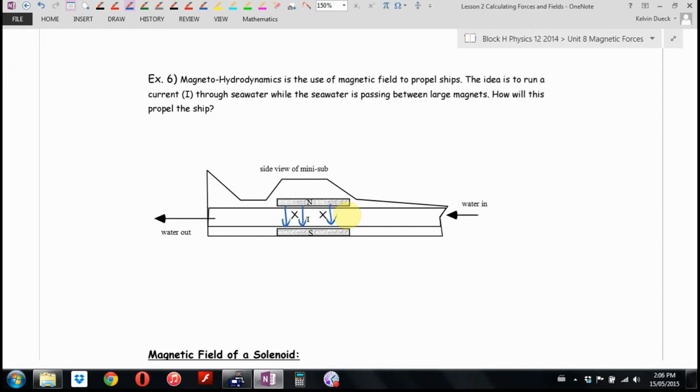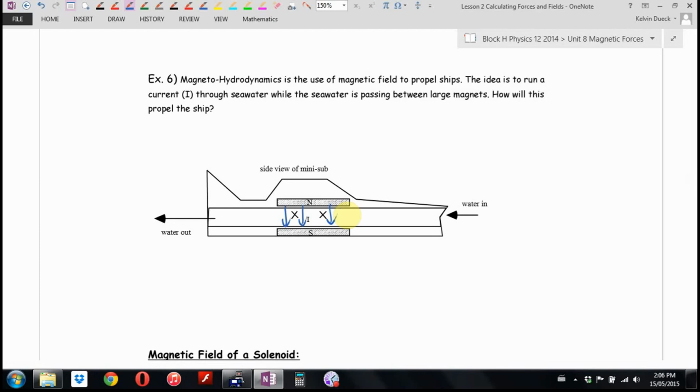You know what? Let's all do it up here. Which way is the magnetic field? Which way will there be a force exerted? Out the back. What will the force be exerted on? What did I say was carrying the current? Seawater. You're going to have seawater squirted out the back like a jet engine.